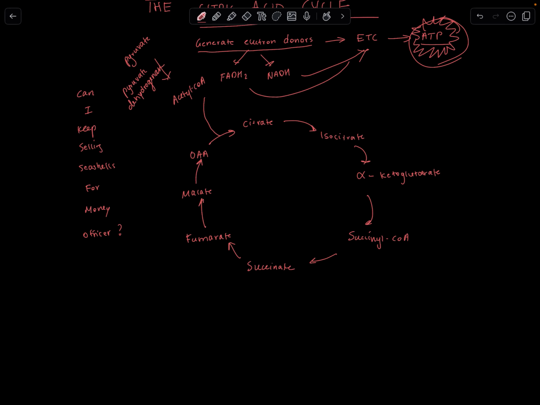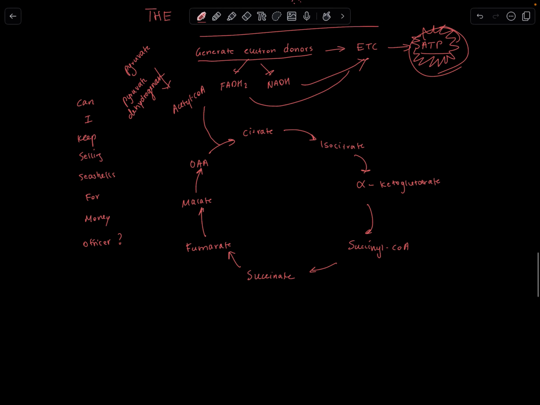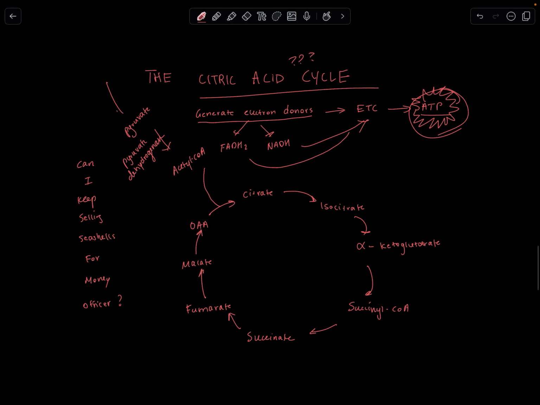It's the pyruvate dehydrogenase complex, but this is all you need to know for our purposes. And we know that pyruvate came from glycolysis. So that's how we ended up here. We did glycolysis, we got pyruvate, we made that into acetyl-CoA, which can then be added to oxaloacetate to form citrate, isocitrate, alpha-ketoglutarate, succinyl-CoA, succinate, fumarate, malate, and the cycle continues.